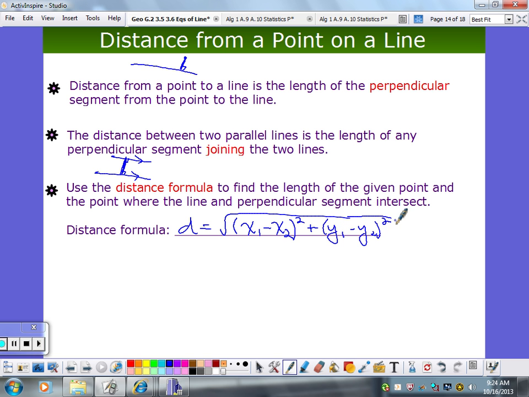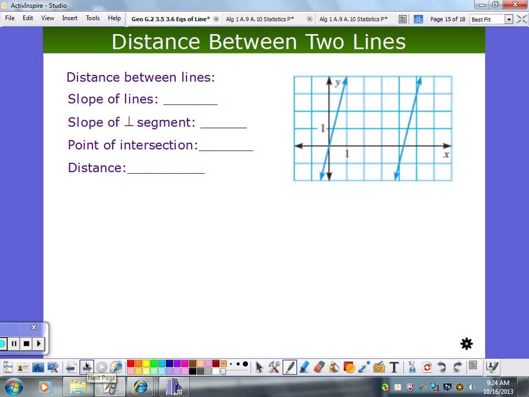Right. And remember, this is just the Pythagorean theorem. So this is like the square root of a squared plus b squared. It's the distance between the x's, the distance between the y's. So yeah, it's back. I thought we were done with it. No, it's back.